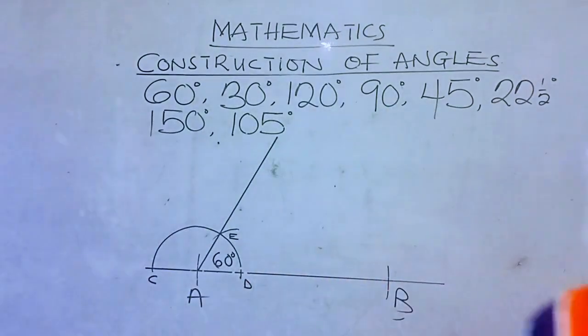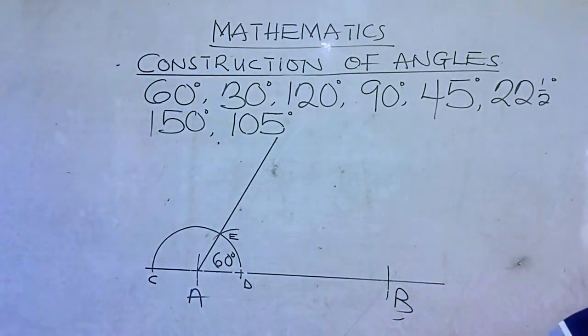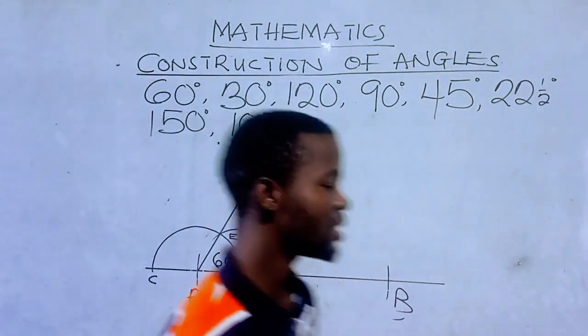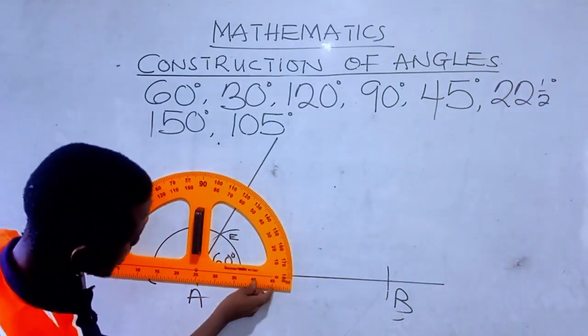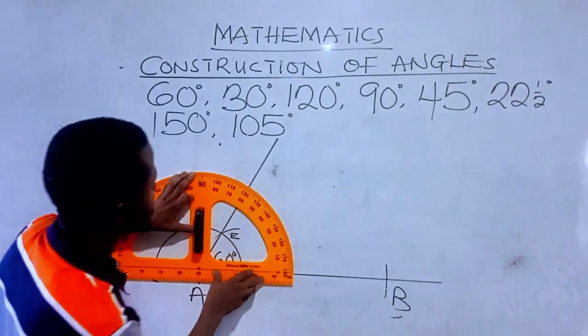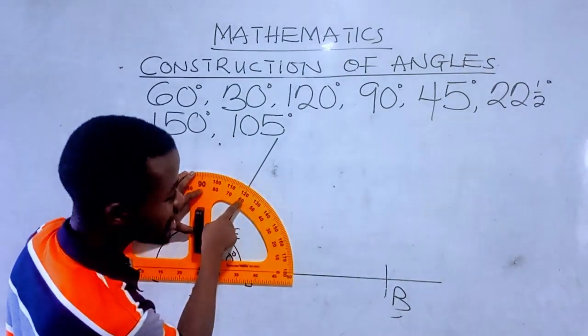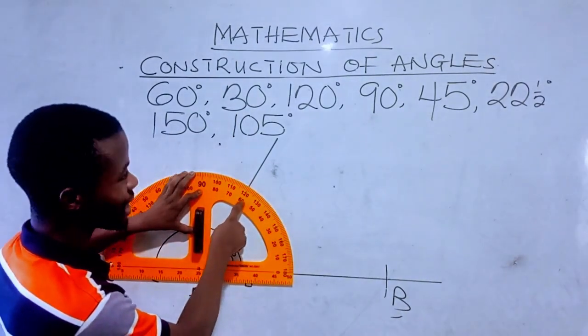You can use your protractor to confirm if it's actually 60 degrees. So yes, it's on a 60 degrees mark exactly.